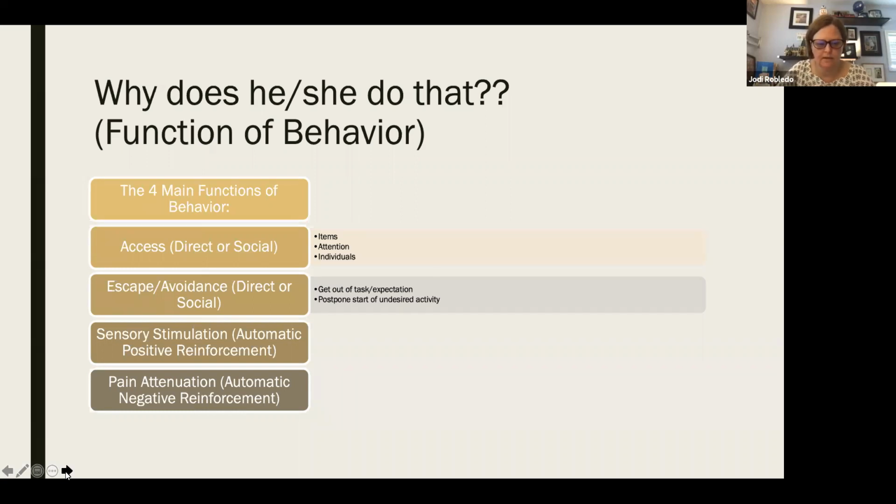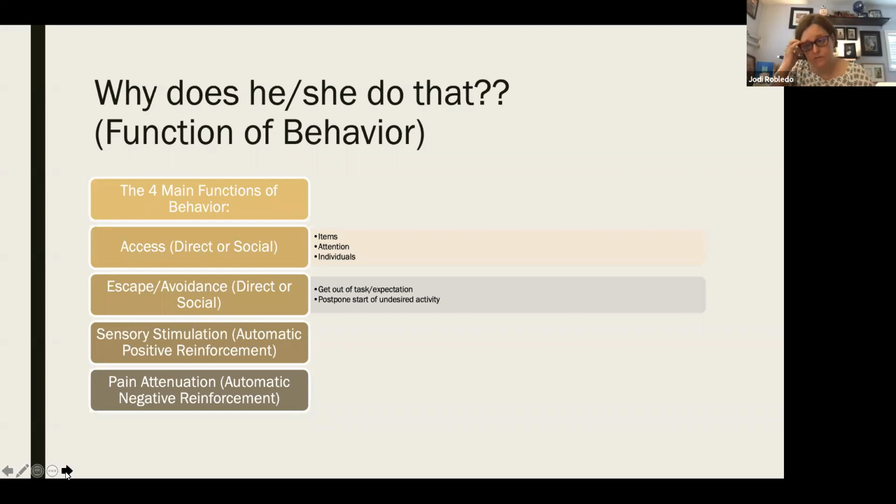Kids might be engaging in certain behavior, not because they want to access attention or individuals or items, or because they want to escape. They're simply trying to regulate their bodies and to get that sensory stimulation. So behaviors that look odd or problematic to us might actually have the function of sensory stimulation. It just depends on the individual.